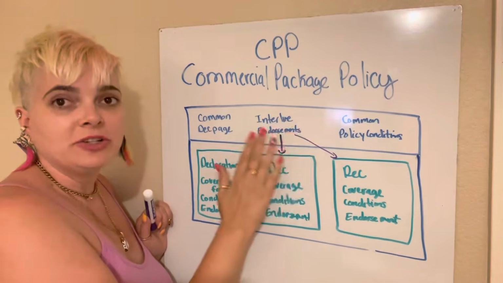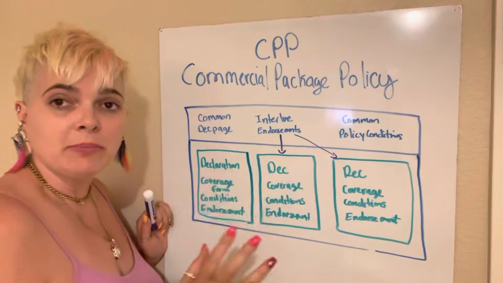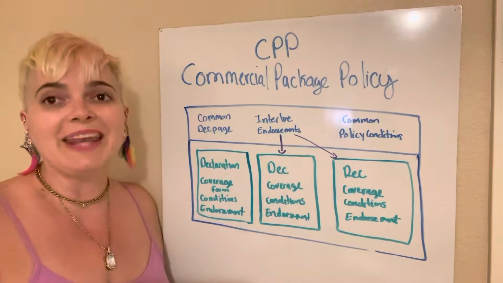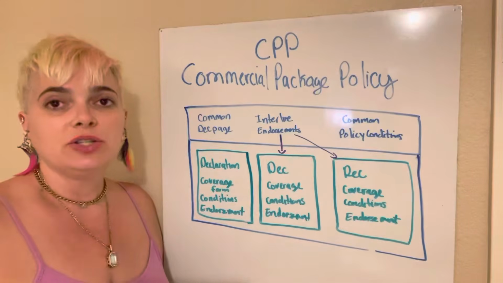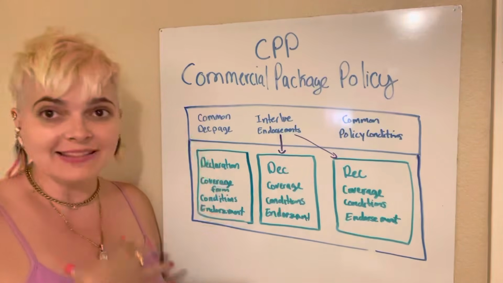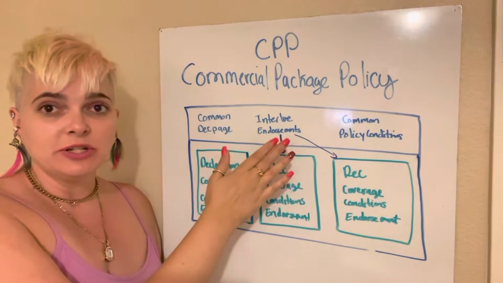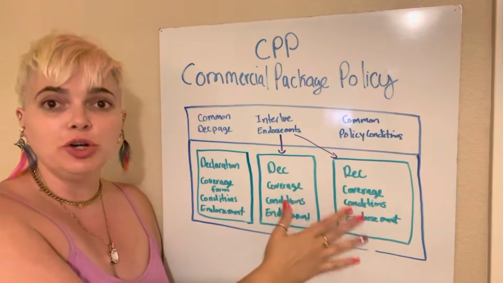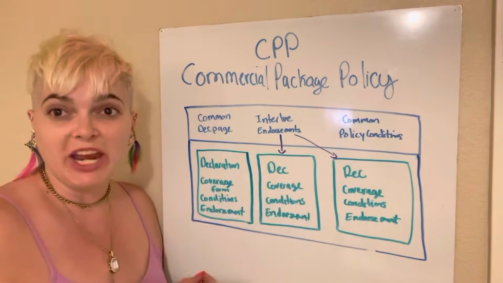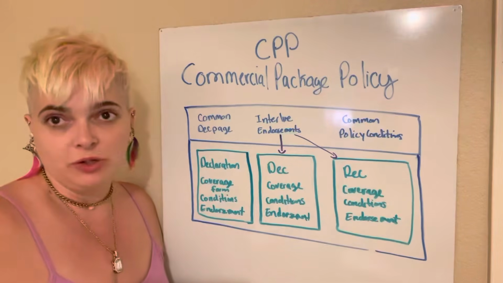Then you'll have interline endorsements. Now, remember, endorsements are things that you can add to your insurance to either make it better or just add something extra. When it says interline endorsements, what that means is that 2 or more of the policies share the same endorsement.